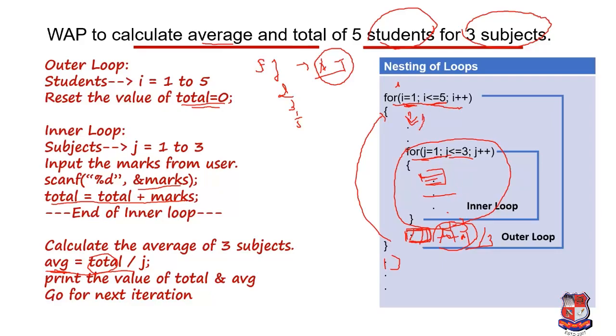So we must reset the value here, that is total equals 0. Now these same statements and this same loop execute again and again for student 1, student 2, up to student 5, and then the loop will be terminated. Now we'll see this concept in Turbo C++.